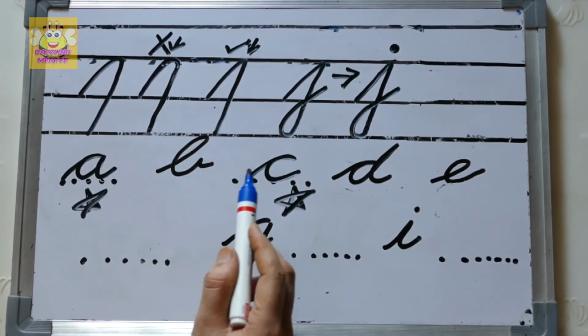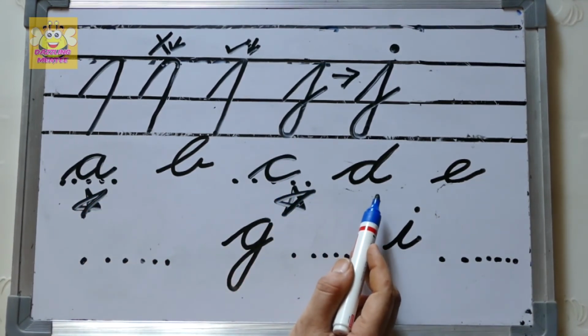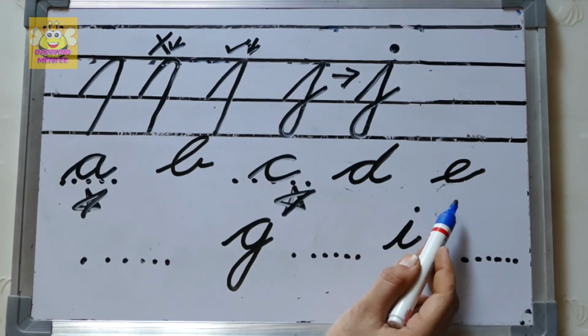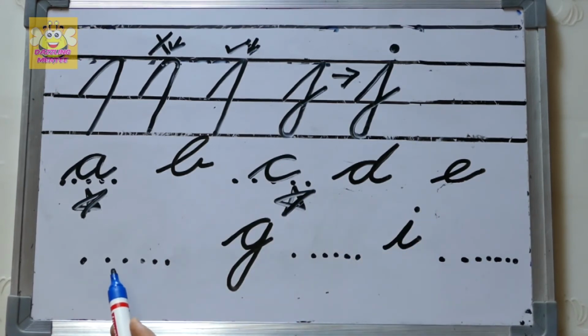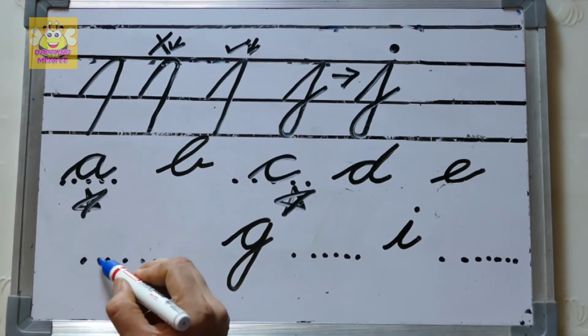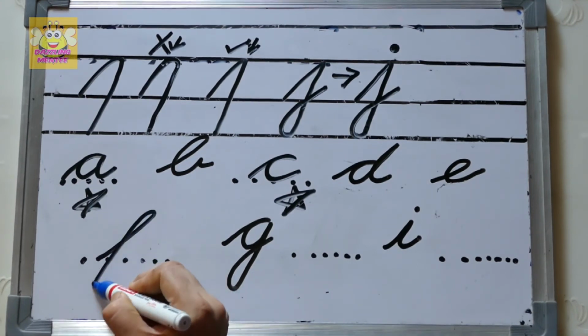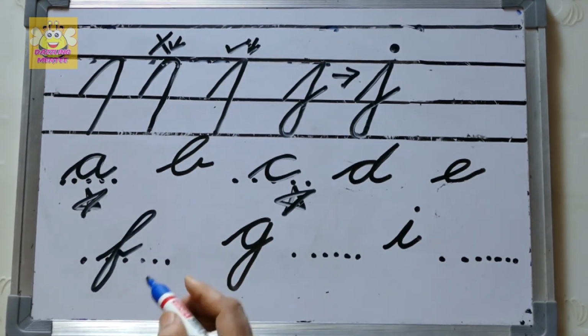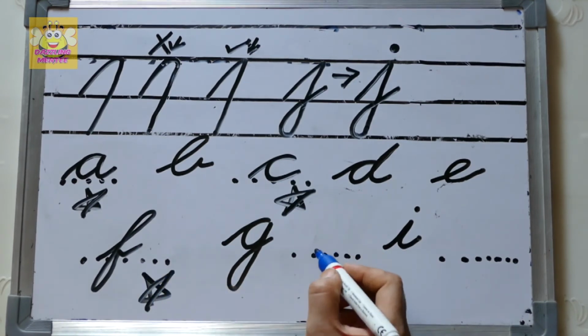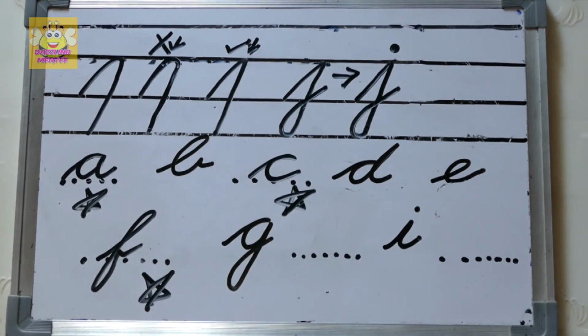Okay. A, B, K, D, A. Oh my God, 4 is missing. Let the child write 4. Mama will give a big star. G. And next alphabet which? Child has forgotten. Mama, I don't know.